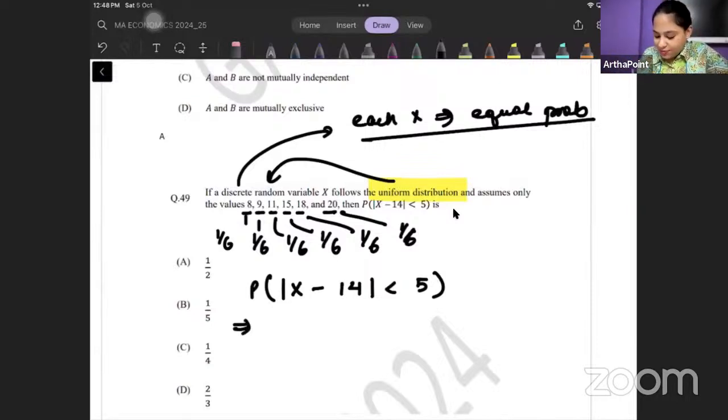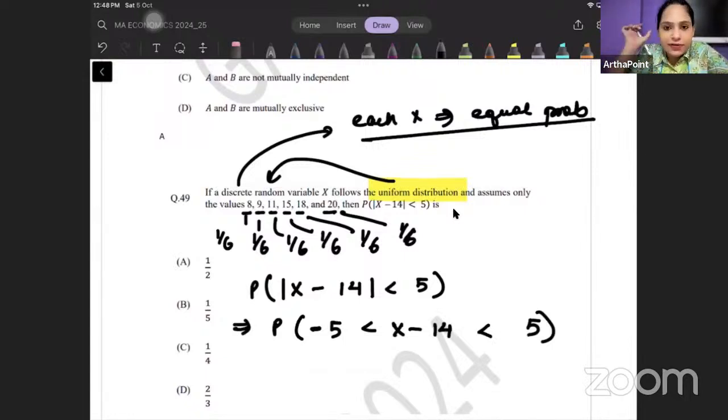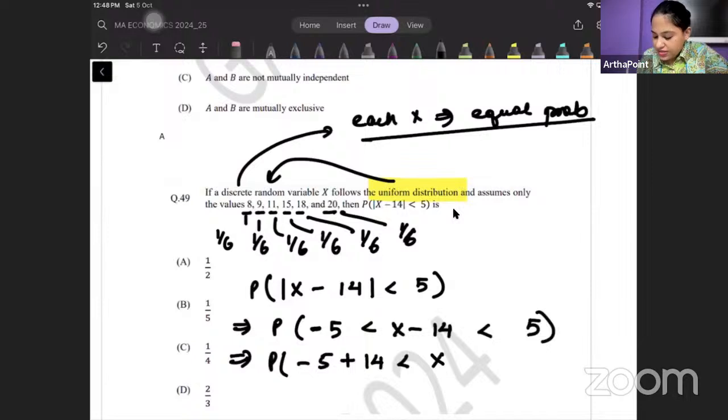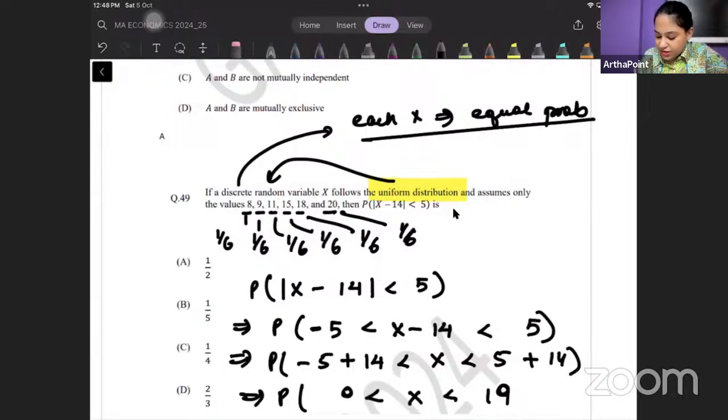What will we get? Probability x minus 14 between 5 and minus 5. है ना? Whenever you open absolute value, you put minus also and plus also, और वो interval हो जाता है. Add 14 on both sides. Probability minus 5 plus 14 less than x less than 5 plus 14. Probability x between 19 and 14 minus 5 माने 9.